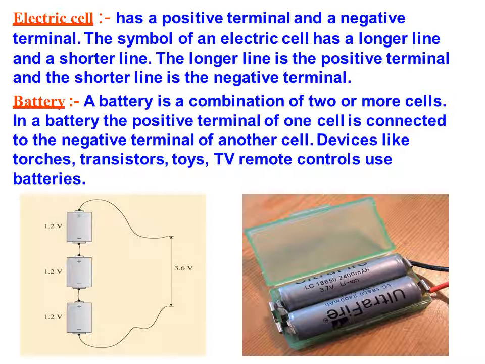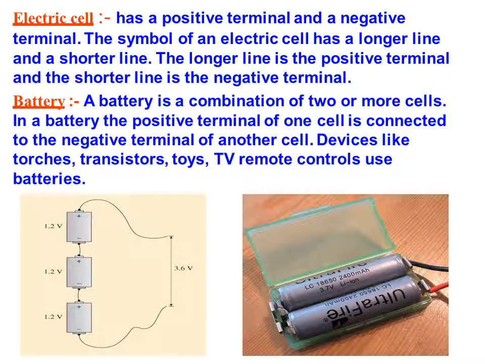If you see a battery found in the market, it is used mostly in torches, remotes, and wall clocks. If you observe carefully, plus and minus signs are mentioned at both ends, that means it has a positive terminal and a negative terminal.